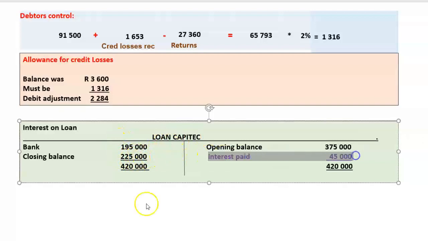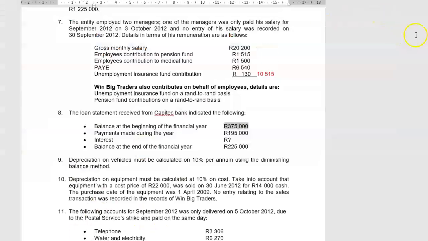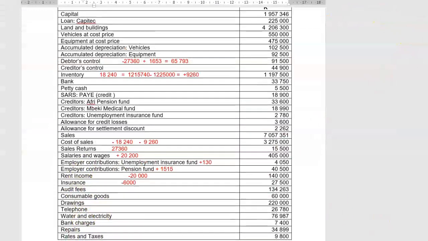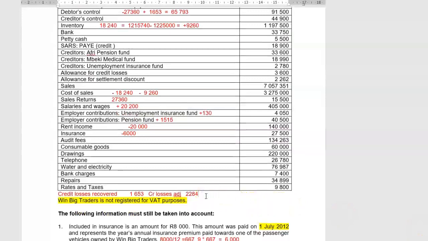So therefore the balancing figure on the credit side was the interest expense of 45,000. So if you have interest expense somewhere here, which I don't think we have, you're also going to add it in your income statement.